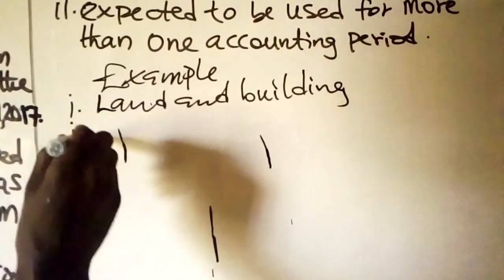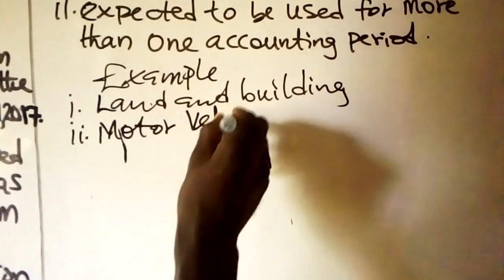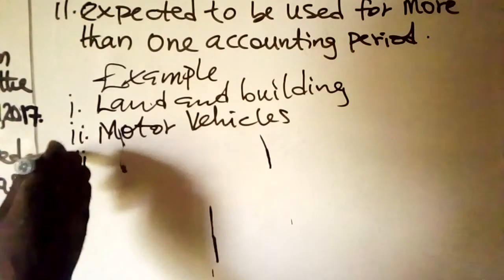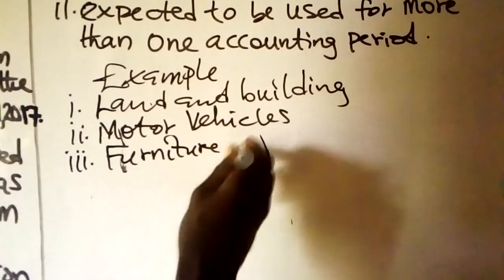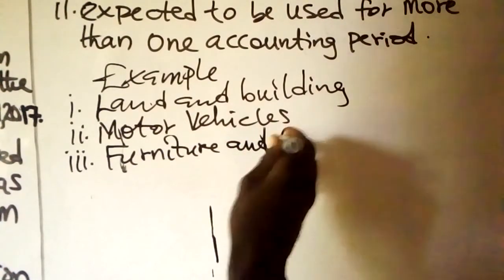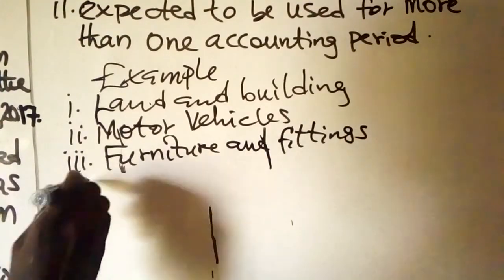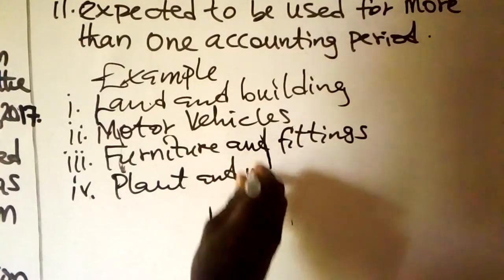2, motor vehicles. 3, furniture and fittings. Plant and machinery.